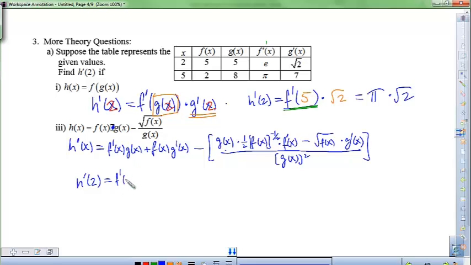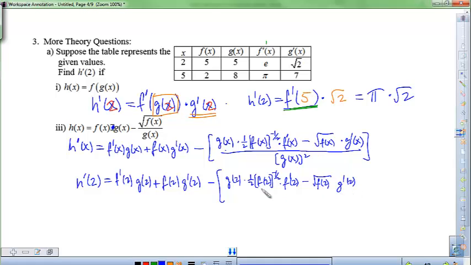So f prime of 2, g prime of 2, f of 2, g prime of 2, minus g of 2 times 1/2 f of 2 to the negative 1/2 power times f prime of 2 minus the square root of f of 2, g prime of 2, all over g of 2 quantity squared.